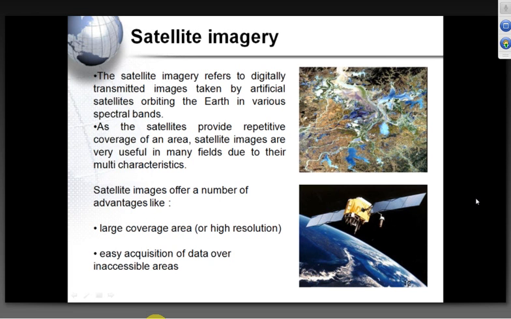Advantages of this satellite imagery include large coverage area. As you can see in the pictures, the satellite is here and it is revolving around the Earth, so it is taking pictures continuously in a repetitive manner. So it covers a large area, thereby providing very high resolution.